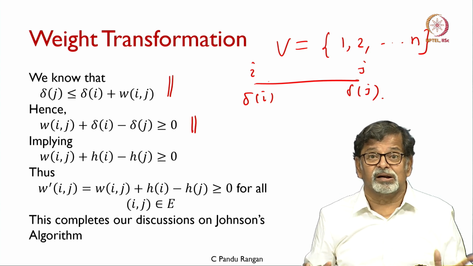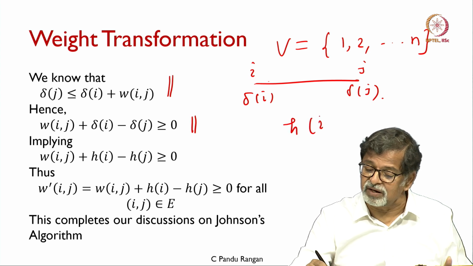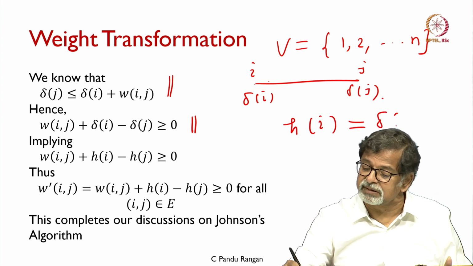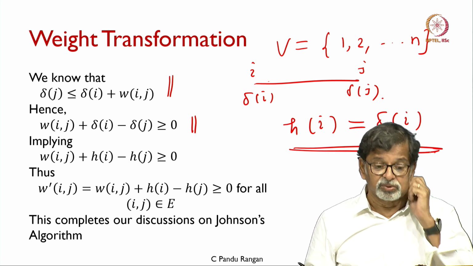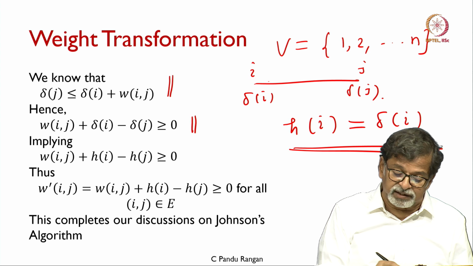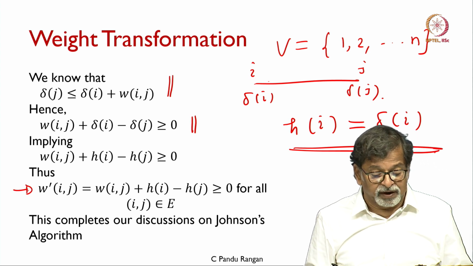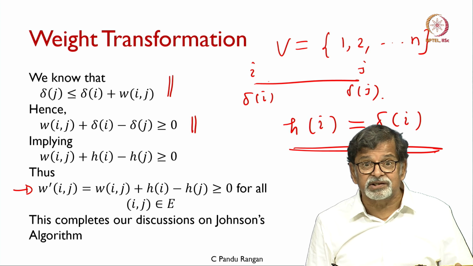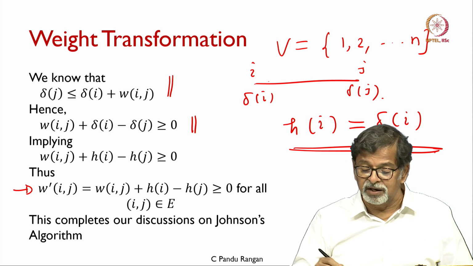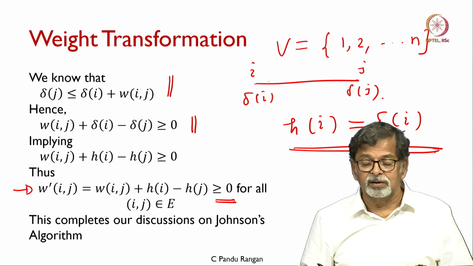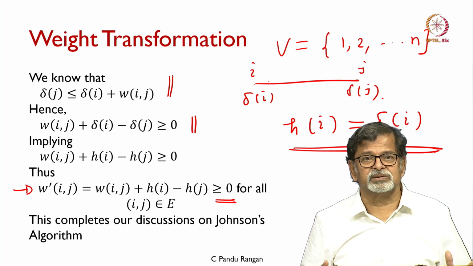Therefore, all I have to do is define a function h of i equal to delta i. If I define my W dash as Wij plus hi minus hj, it is guaranteed to be positive.